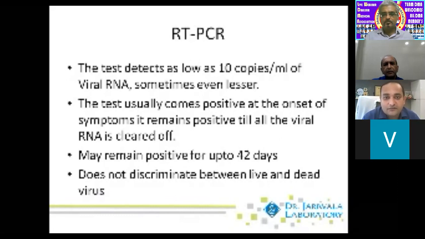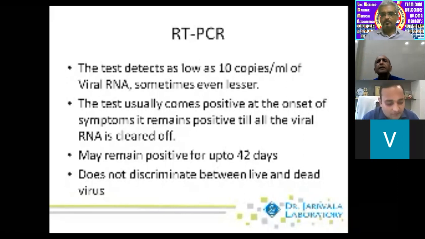Another disadvantage of this method is that this test does not discriminate between a live and dead virus. So if a PCR test is positive, we call it positive. But we cannot say if the patient is still infective or not, if the patient is harboring the live virus or not. There is no way to find that out.